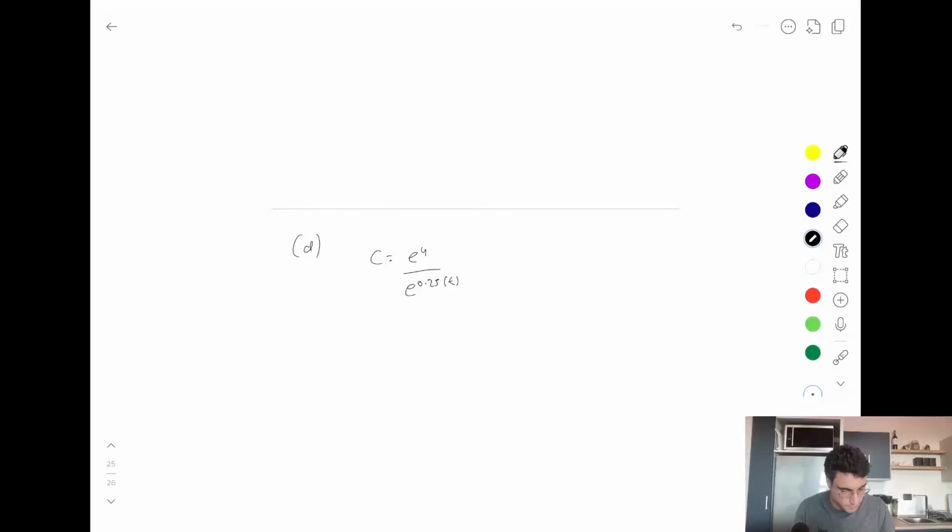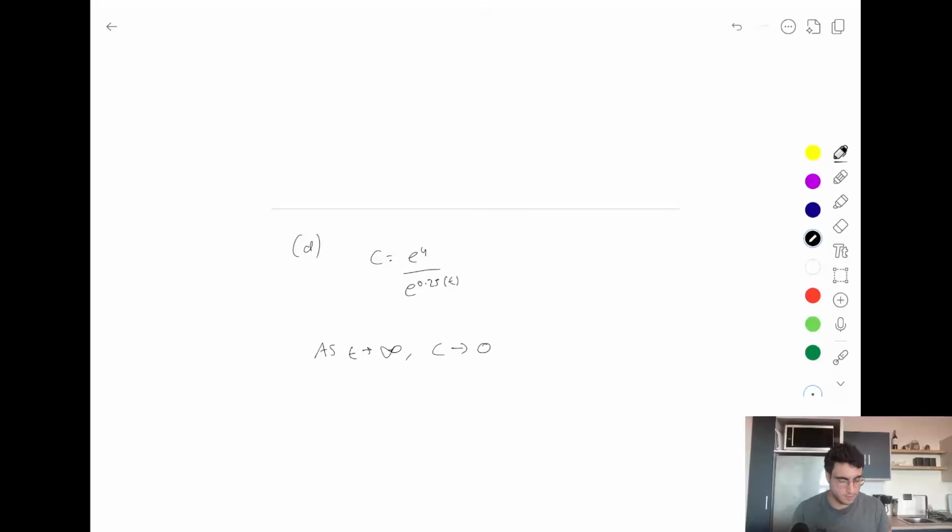So what does that tell me? That tells me that as t gets bigger, as it tends towards infinity, c is tending towards 0, because the denominator is getting bigger and bigger and bigger.